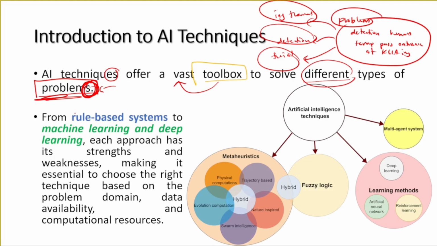So basically rule-based learning is, for example, if A, then B. So this is the traditional or conventional idea that has been widely discussed in AI since 1950. And machine learning comes in the 80s or 90s, and deep learning coming in 2000. So widely used. Okay? Each approach has its strengths and weaknesses, making it essential to choose the right technique based on the problem domain.